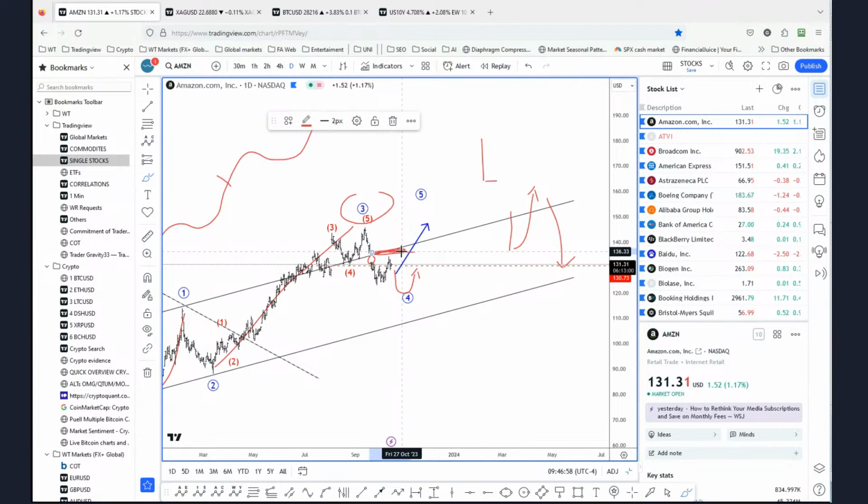So if we see, let's say, a close around 140, then I would say that this gap did not cause a new sell-off and was rather just filled, and now it's ready to resume higher. So I think that Amazon could continue higher, but just be aware that maybe this wave 4 could be much more complex.